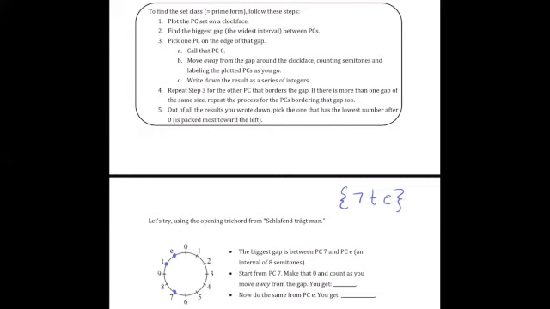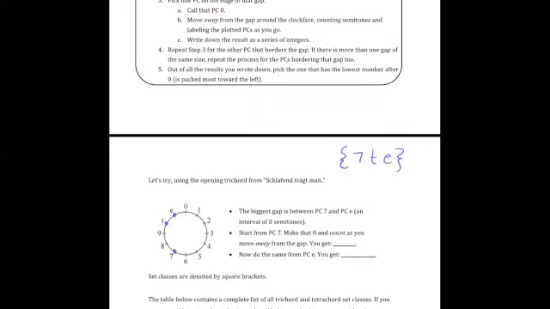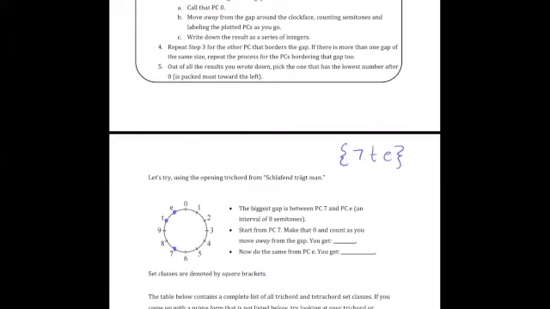Now, step 3A tells us we are going to call that pitch class 0. So I'm going to label this then. I'm going to write a 0 over here. Now I'm going to move away from the gap. Since we're trying to get the smallest interval, we are going to avoid the big gap.